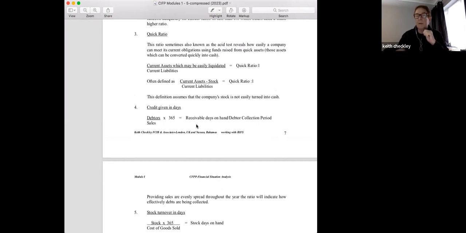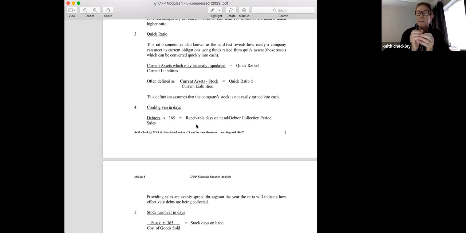Now, the first one is, what credit is the business giving to its customers? The way we look at this, we're going to be looking for the trade debtors, using the UK and the international term, or if you're using the American term, we're looking for the receivables, and we're going to divide those debtors from the balance sheet by the sales of the business.